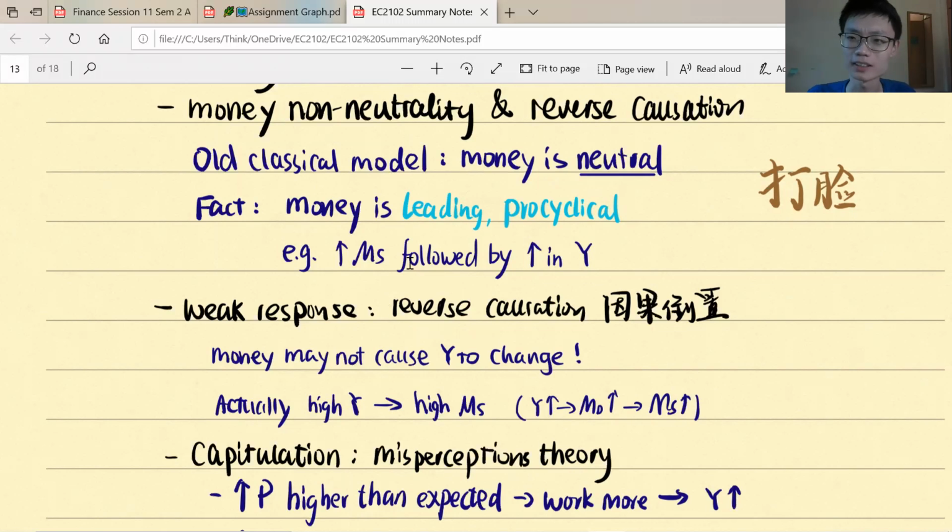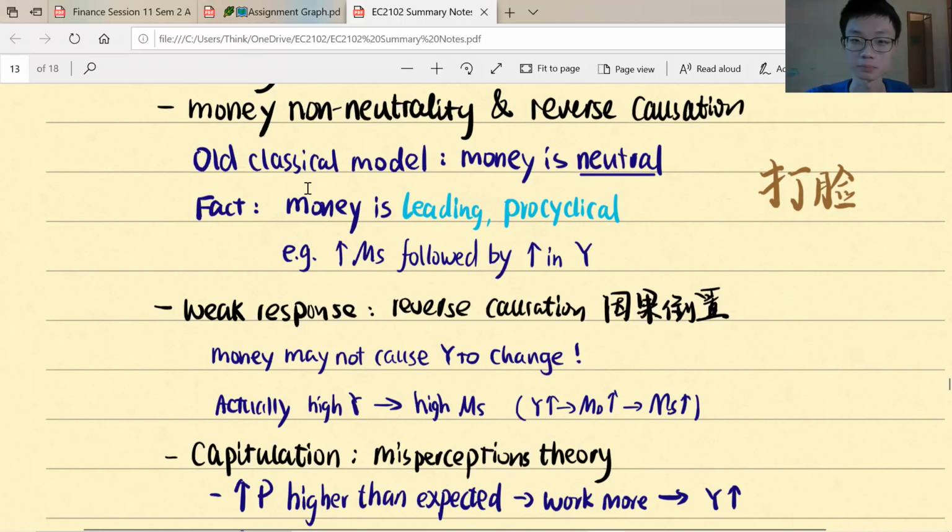So it is the same for the money. Money, although it occurs earlier, does not cause the output changes. Rather, because the output is going to change, the money will go first. So this is rather weak, and you find me explaining it very hard.